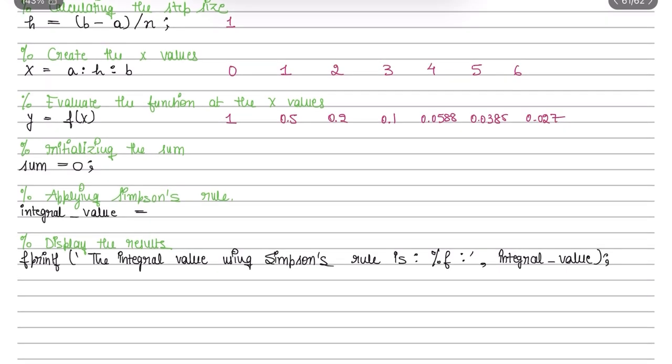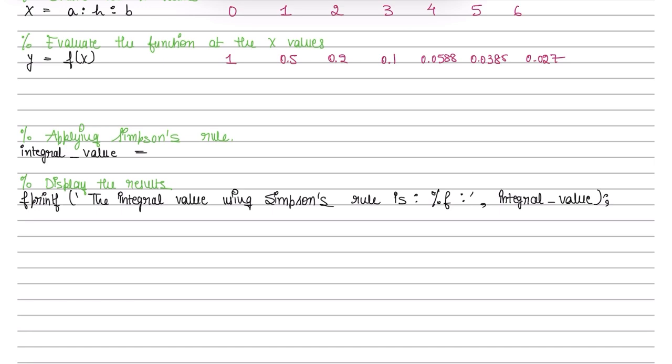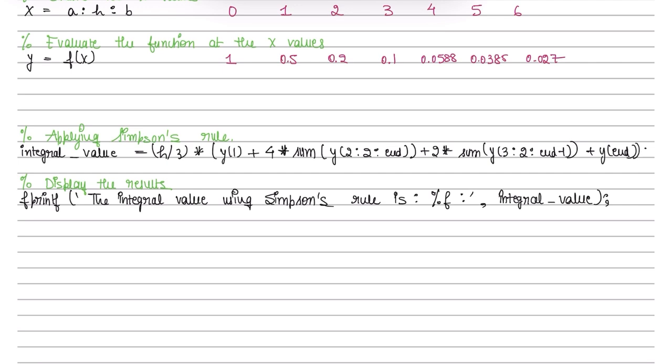You can skip initializing the sum as 0 and directly apply Simpson's 1/3 rule, which will be h by 3 into y1 plus 4 times sum of y starting from 2 with the increment 2 till end plus 2 times sum of y starting from 3 with the increment 2 till end minus 1 plus y end, and we will display the integral value of Simpson's rule in the same way.